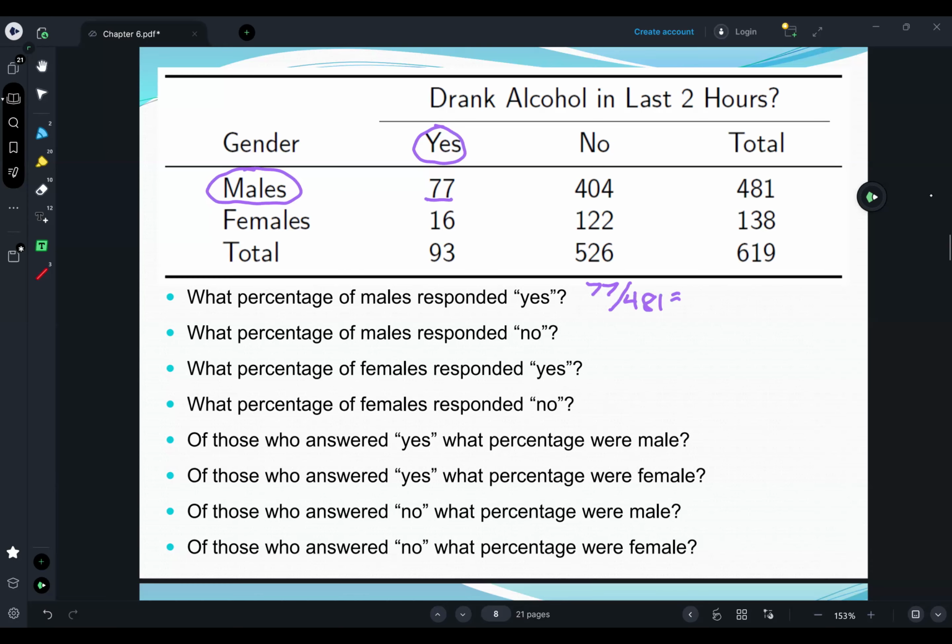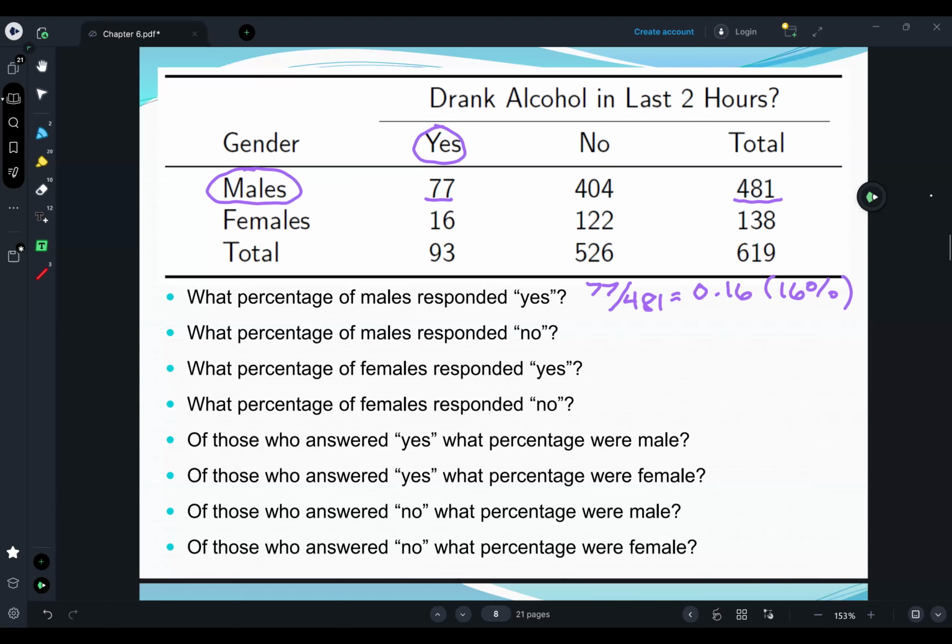And we get 0.16 or 16%. I'll just put the percent in brackets. So we're taking the males, seeing how many said yes, and dividing by their total. Their total is there.